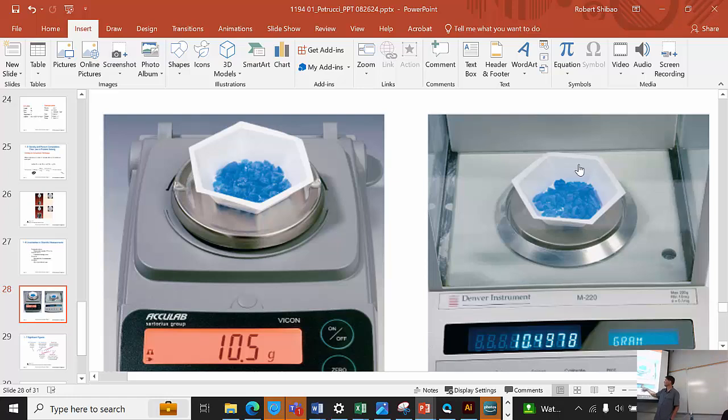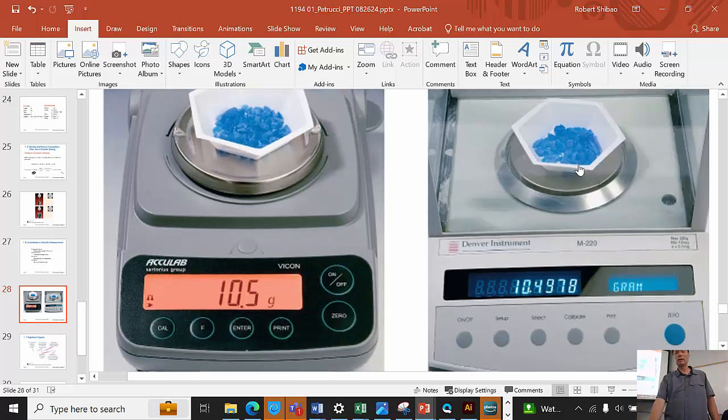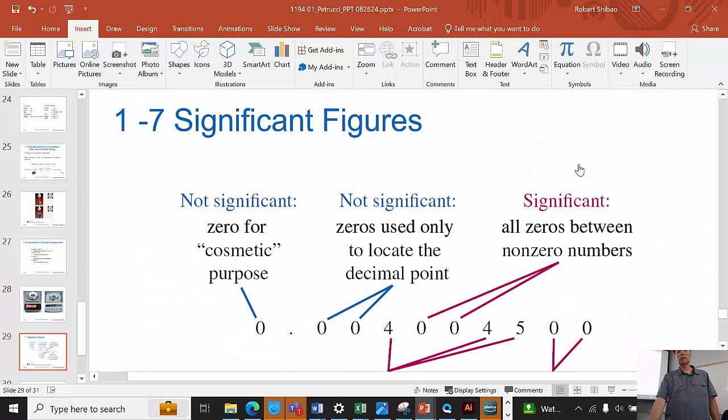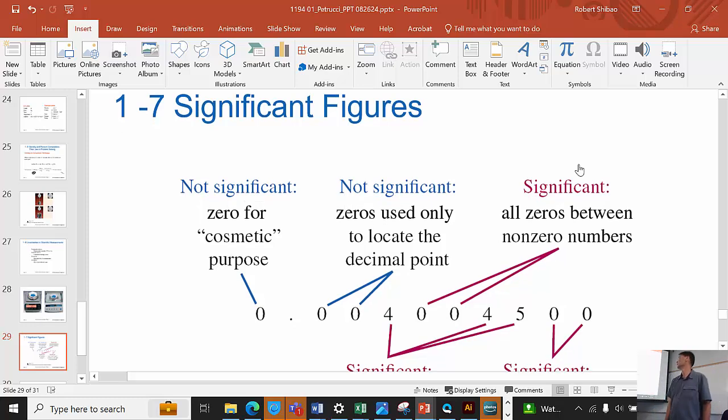And so a tenth of a milligram precision, because this would be like 7 milligrams, this would be 8/10 of a milligram, are expensive. These are $5,000 balances. In Chem 1A, we're going to use these $5,000 balances. Actually, 5,000 pre-inflation. I don't know what they are now.